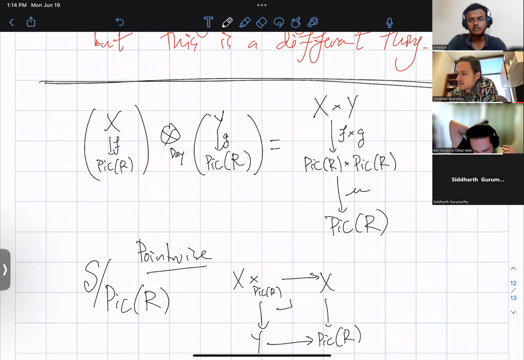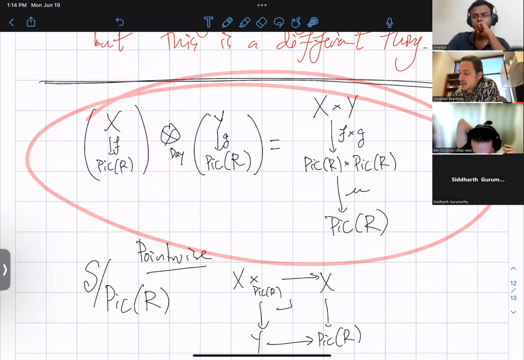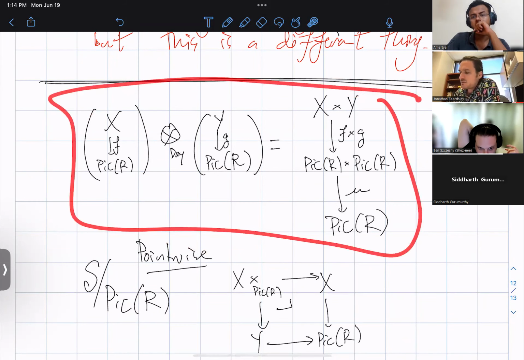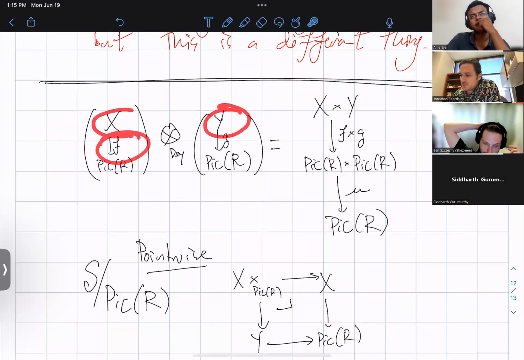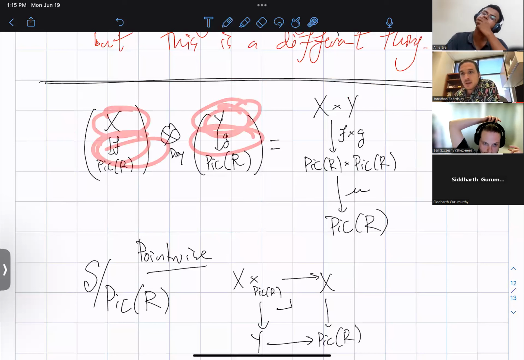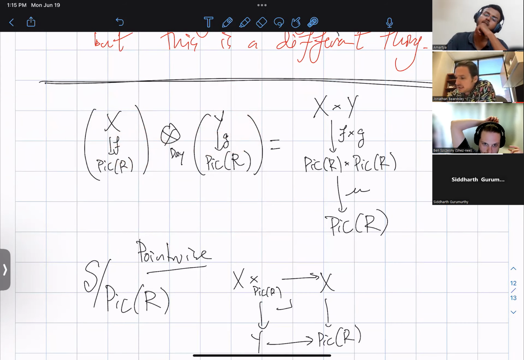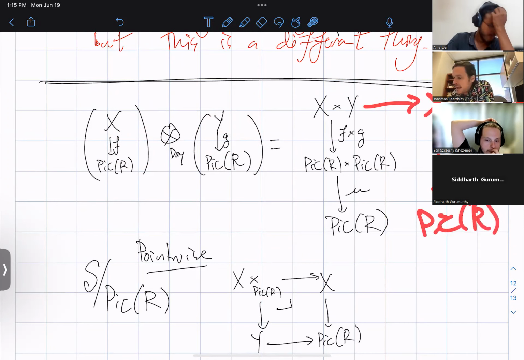And maybe this also answers the question of why an E_n map from X to Pic R should be thought of as an E_n algebra in presheaves on Pic R. Because when these are both E_n maps, you can equivalently go from X cross X to X itself and then down to Pic R. And because the map from X to Pic R is an E_n map, this diagram commutes.